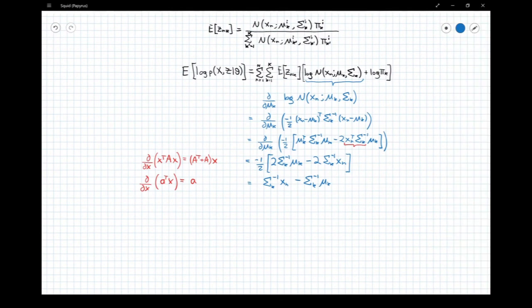So we're going to substitute it all into this and set it equal to 0.